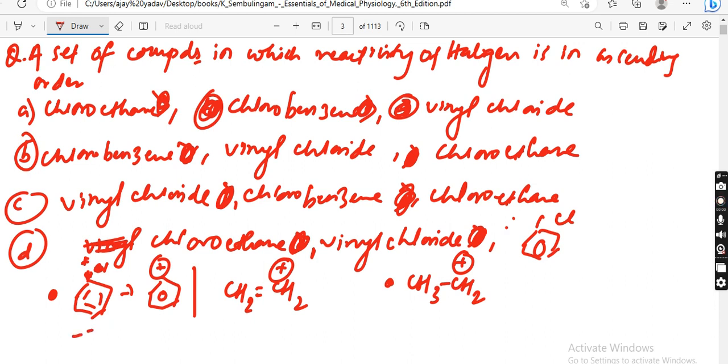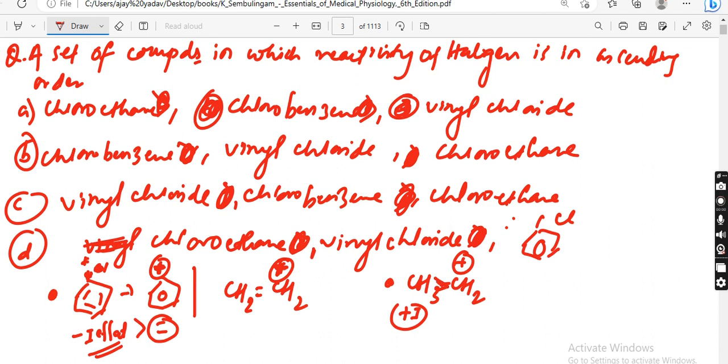Benzene itself provides a minus I effect, more than a double bond, are you getting it? So this will make it more positive over here, and this charge is not delocalized. This will form positive over here, but a bit less than benzene.